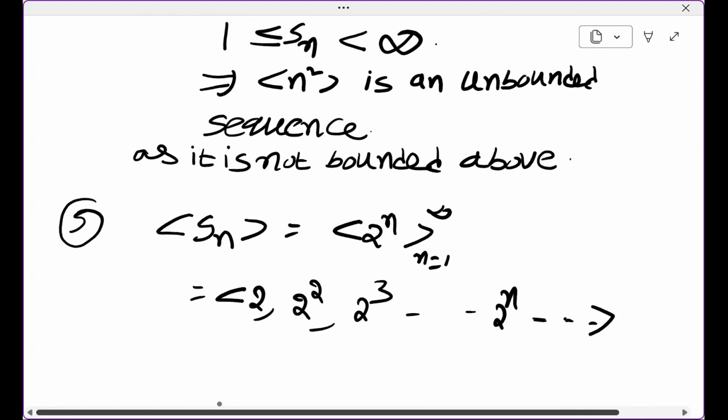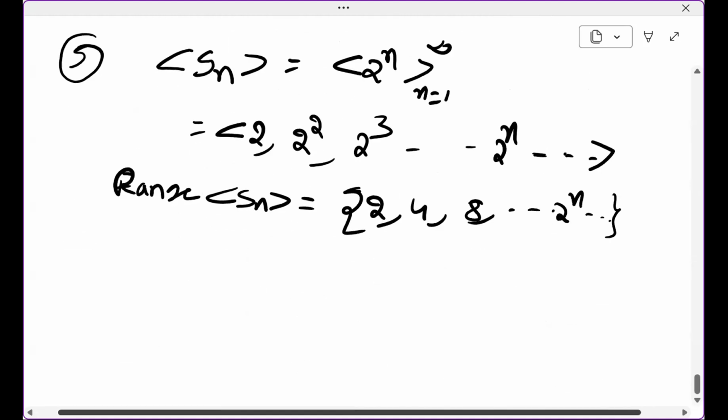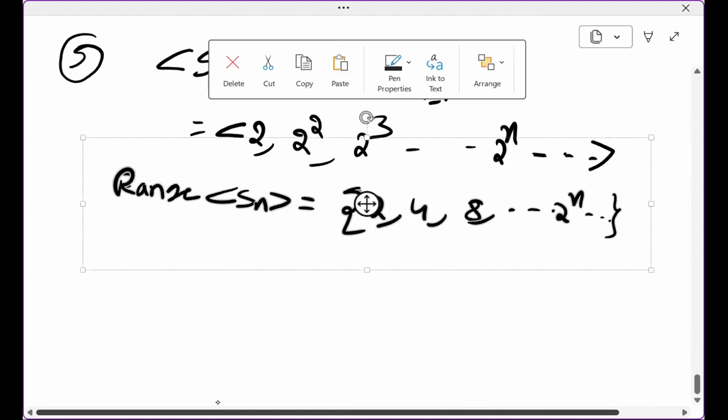So what is the range? The set of all different values of the sequence. These are 2, 4, 8: 2, 2 square is 4, 2 cube is 8, 2 power n, and so on.